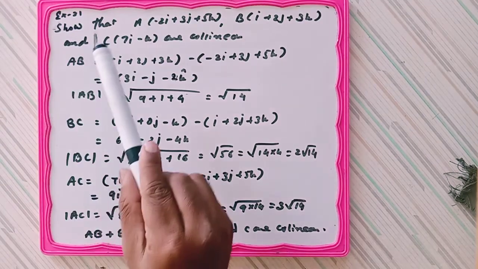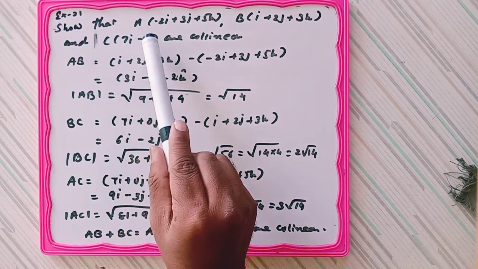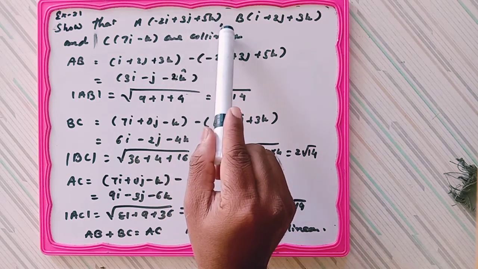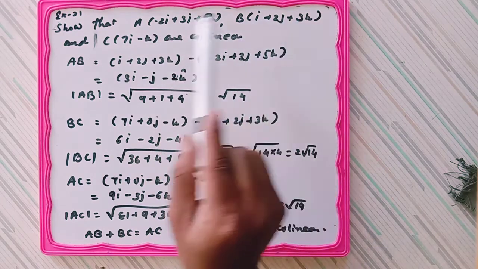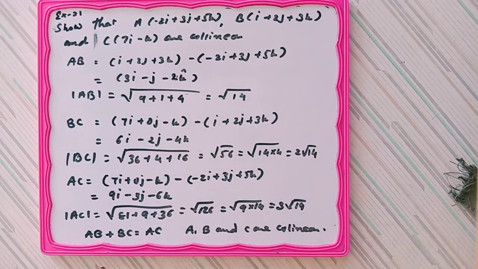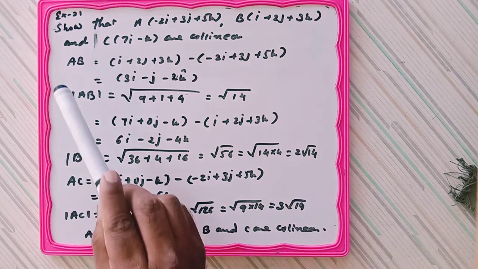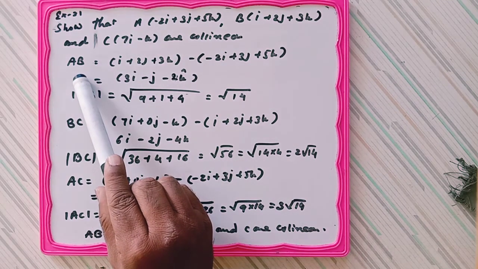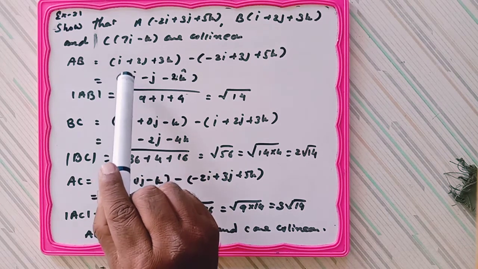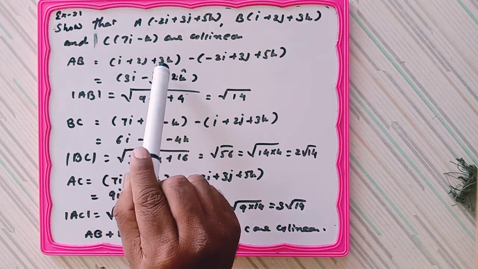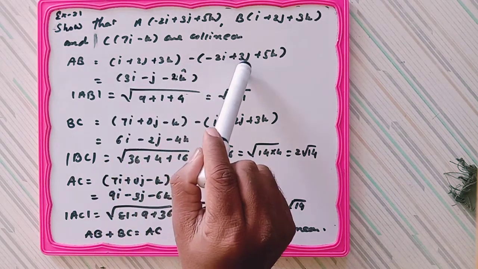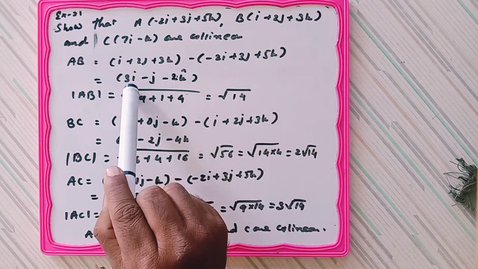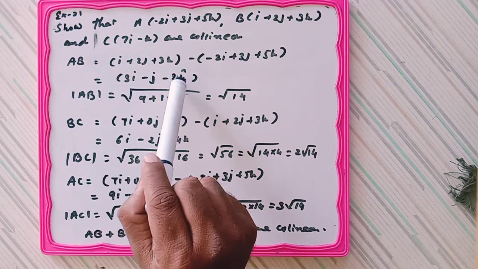Now example 21. Show that A (2i plus 3j plus 5k), B (i plus 2j plus 3k), and C (7i minus k) are collinear. So we find AB's position vector: i plus 2j plus 3k minus (2i plus 3j plus 5k), which is minus i minus j minus 2k.